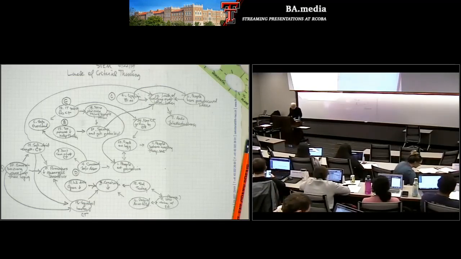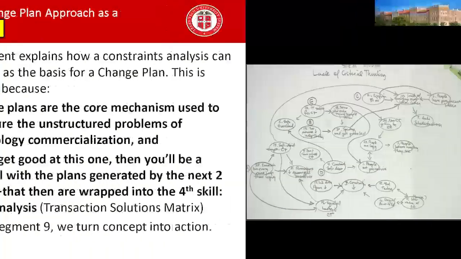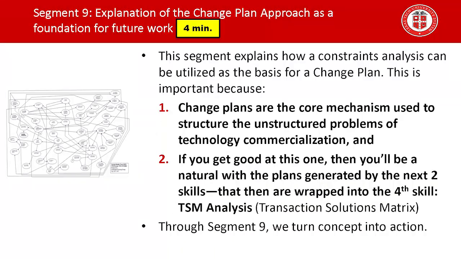Okay, so we're going to do the change plan. This is segment 9, our last segment, and it explains how the change plan approach is a foundation for future work. Here we explain how a constraints analysis can be utilized as the basis for a change plan.